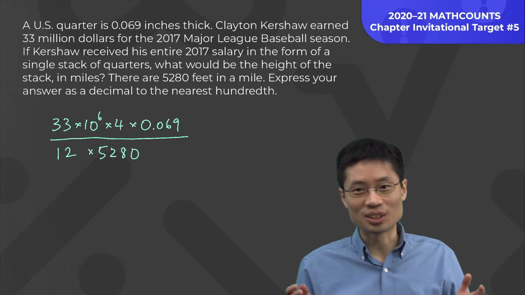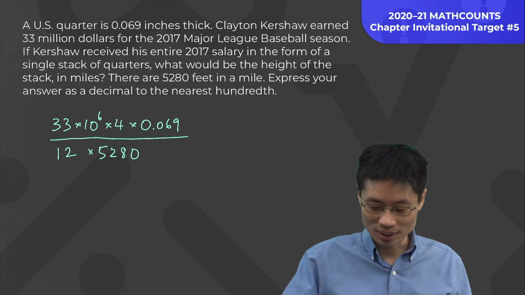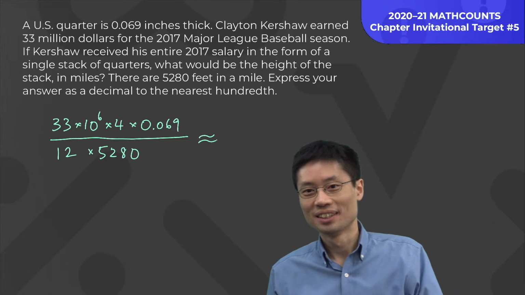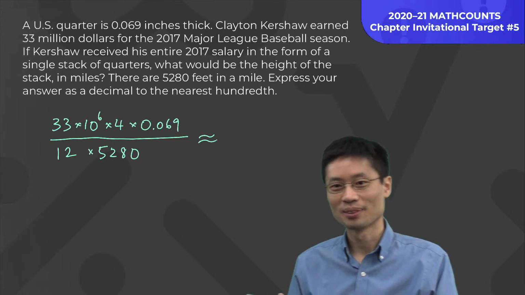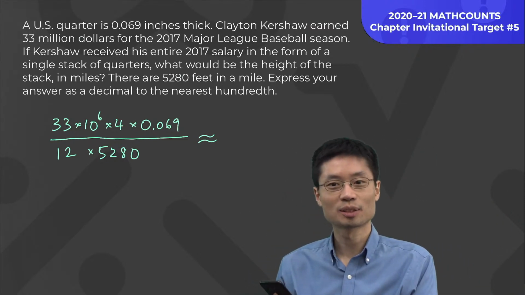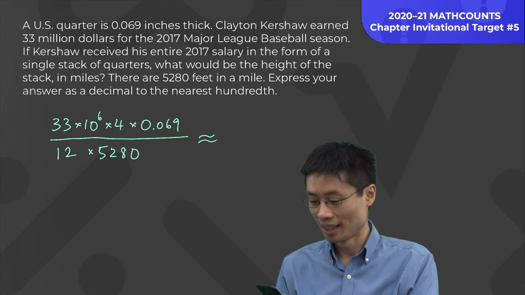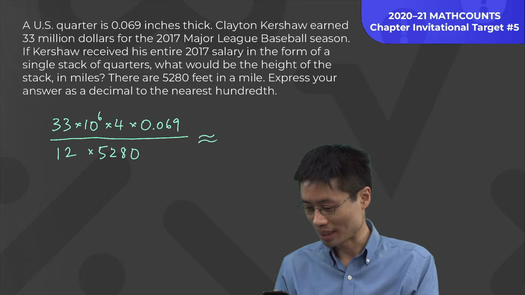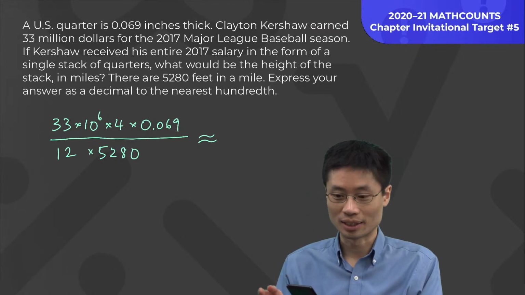And now we need to actually go and work this thing out. We need this as a decimal to the nearest hundredth. All right. Out comes my calculator. No smartphones allowed on the contest, but I promise you I'm not calling a friend. I'm actually trying to struggle with the calculator on this phone, which is actually less convenient than the calculator that you guys use.